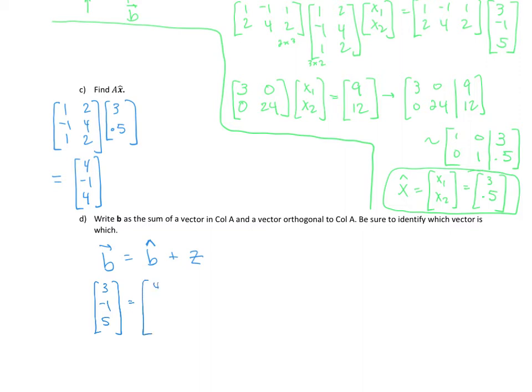So this is 4, -1, 4, and this is in Col A. Then we have to figure out what to add to get 3, -1, 5. So this would be -1, 0, 1, and this is orthogonal to Col A.